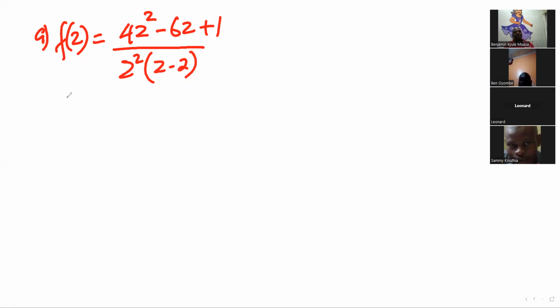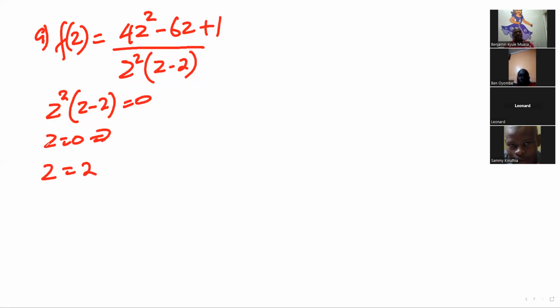Then you see that z squared, now this one you can see that z equals 0. We're going to have z squared times z minus 2 equal to 0. So z equals 0 and z equals what? To 2.